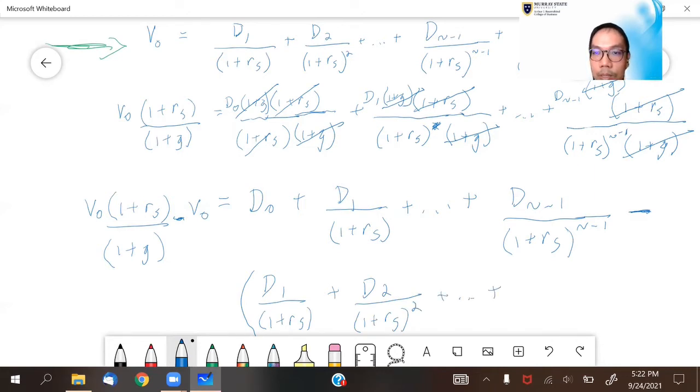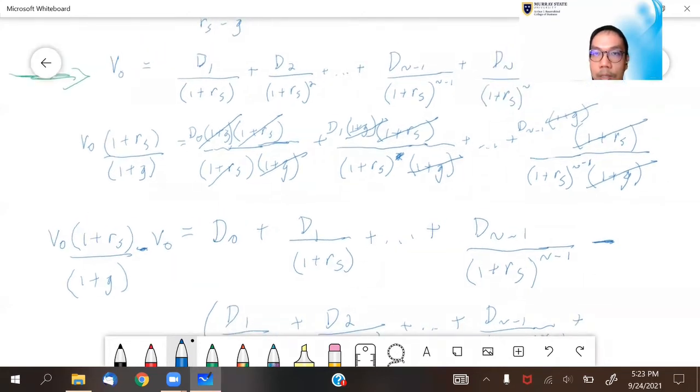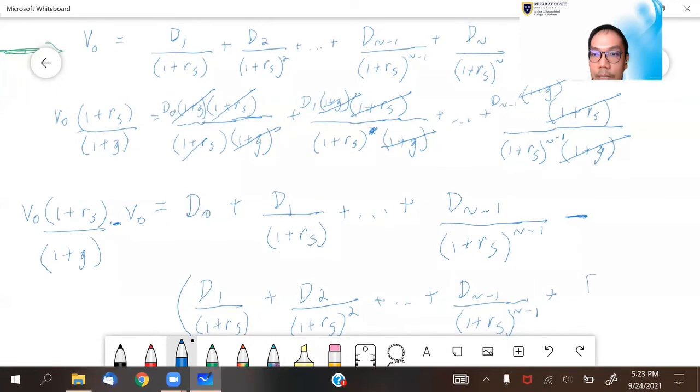The second last one, D infinity minus 1 divided by 1 plus RS to the power of infinity minus 1, plus, what's the last one? Okay. D infinity divided by 1 plus RS to the power of infinity.